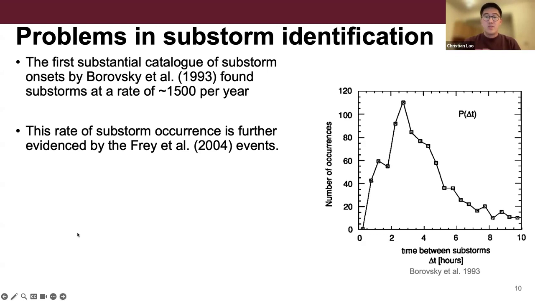On the right here, we have the waiting time distribution, which is just the time between successive substorm onsets, where we see a sharp peak at 3 hours and then an exponential decrease with a long tail. This behavior in the waiting times of successive onsets has been backed up by other studies, such that the standard waiting time between successive substorm events has been somewhat codified at around 3 hours in the literature.